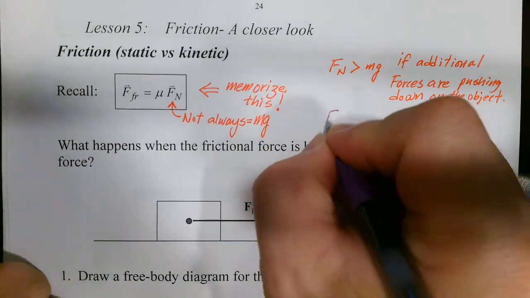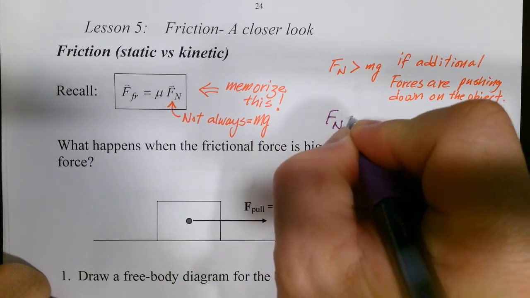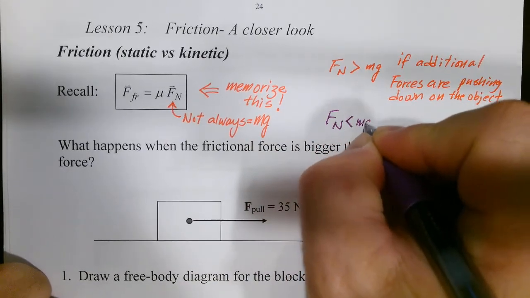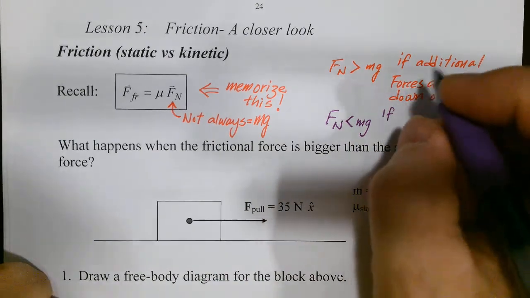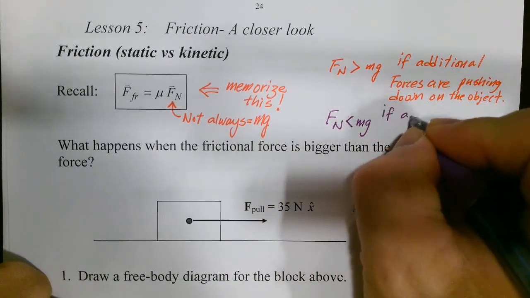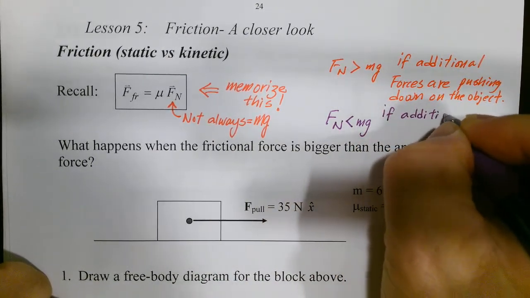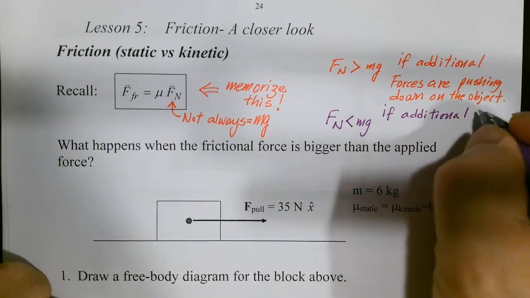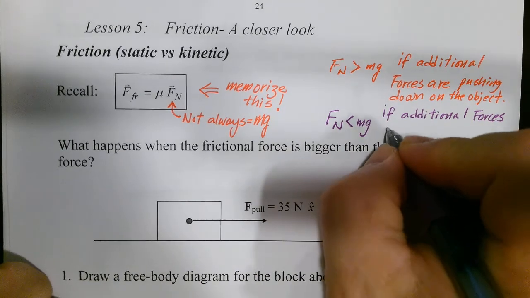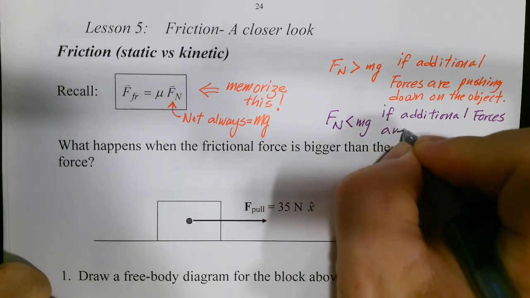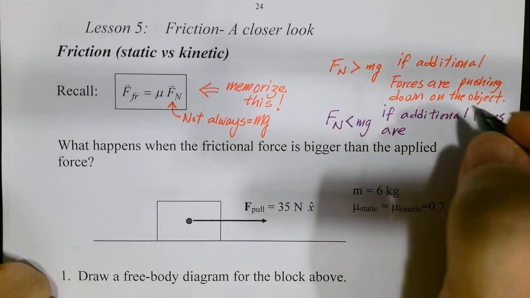And F normal is less than mg if additional forces are pulling up on it.